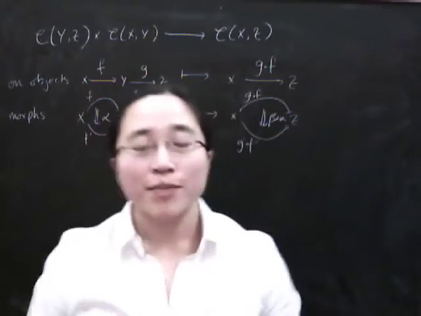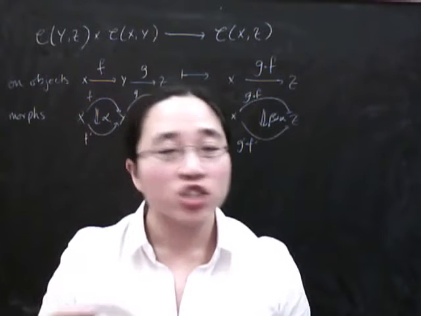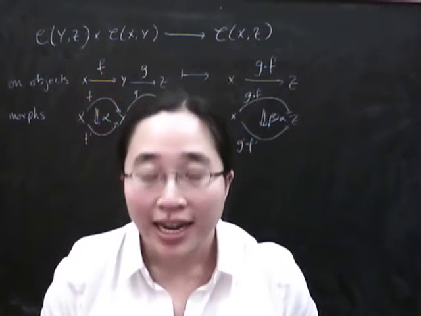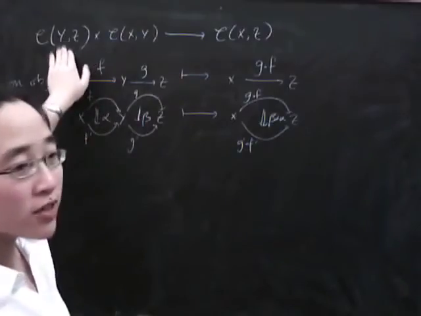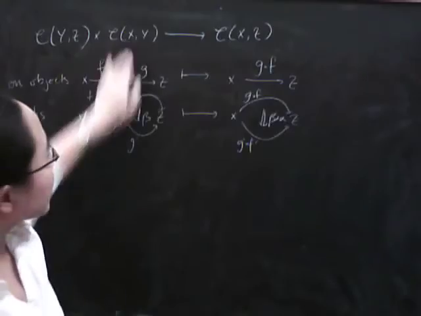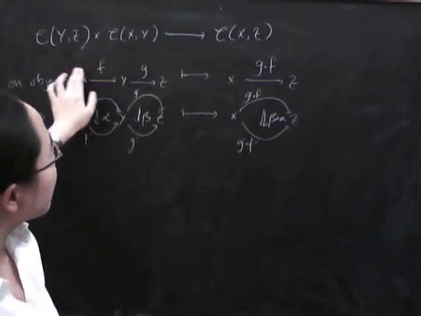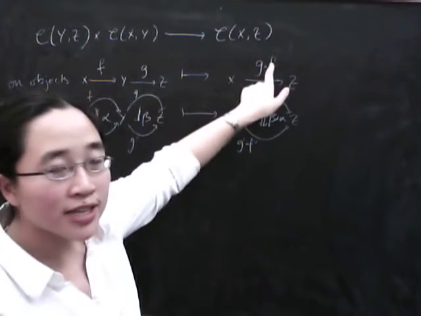Today we're going to look at the middle four interchange law for 2-categories. What we're really going to do is show how it comes from the functoriality of this composition functor. Remember that these in a 2-category are categories. We've got a category of morphisms from any object to any other object, and composition is then a functor. On objects, it takes a pair of composable 1-cells and sends them to a composite.